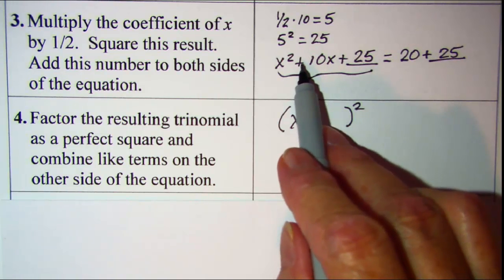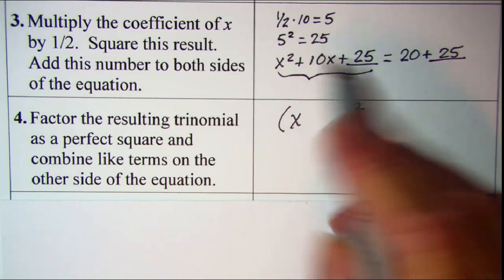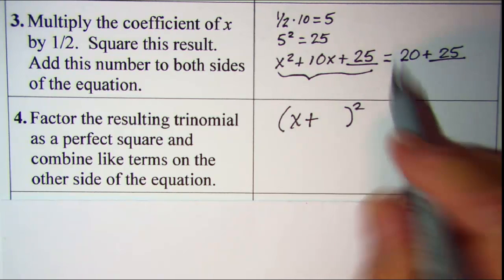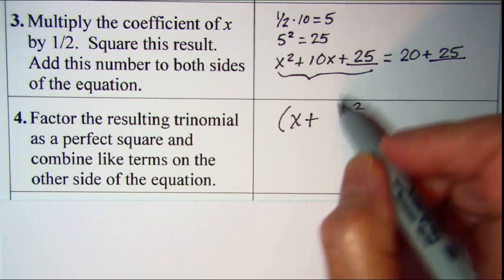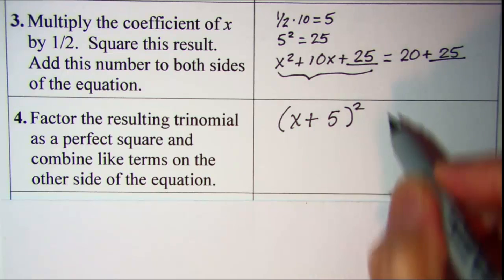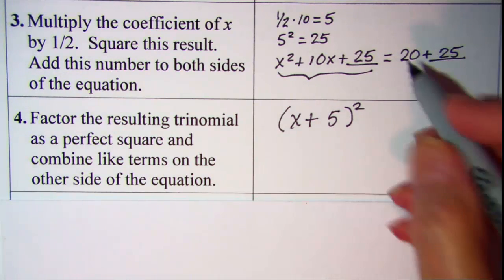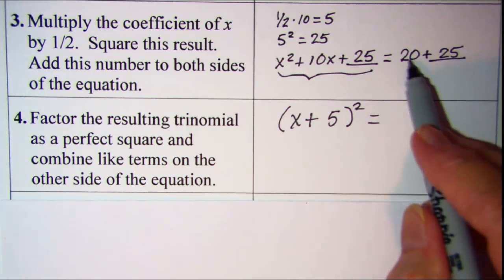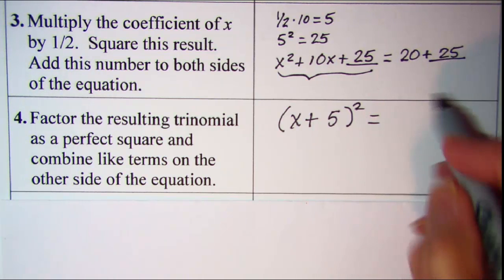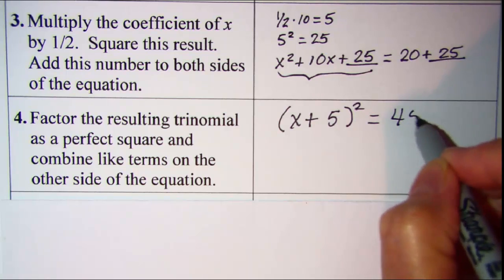You take the sign of the middle term, so we'll put a plus, and then the square root of 25 is 5. Then we also need to combine like terms on the other side of the equation. So 20 plus 25 is 45.